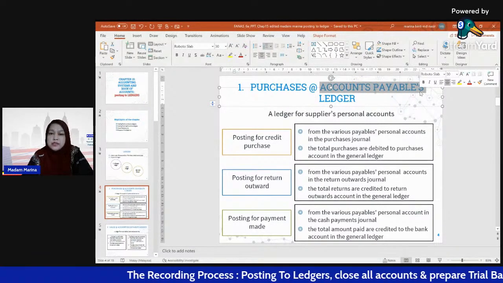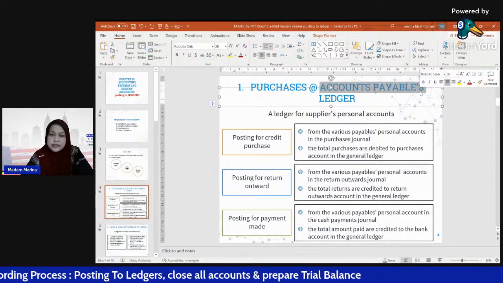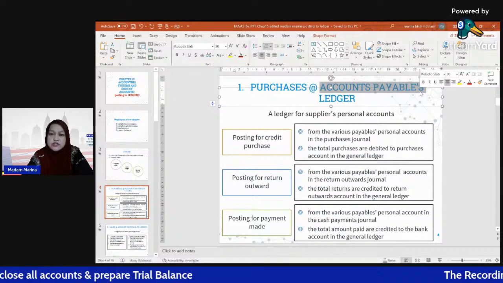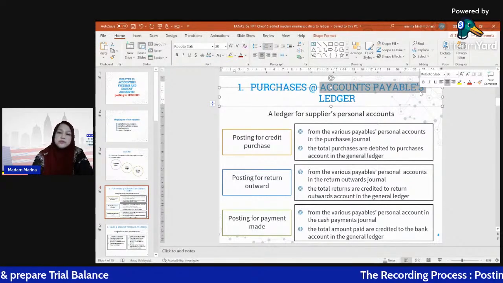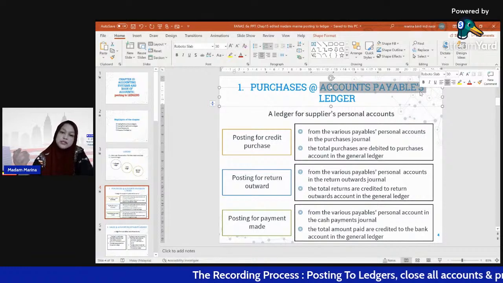All the accounts payable are included under the purchases ledger. The purchases account is not included; it falls under the general ledger.